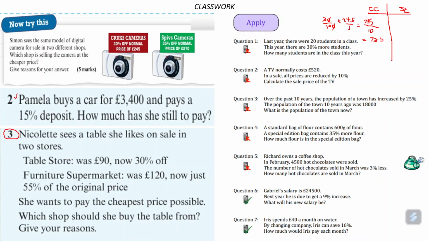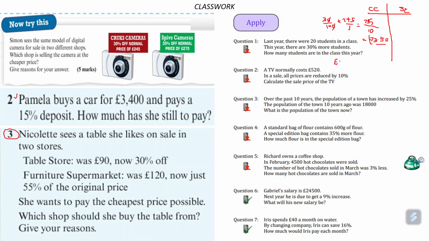But because we are dealing in money, this becomes £73.50. So we've gotten 30% of the original price of £245. So 30% of this amount is £73.50.